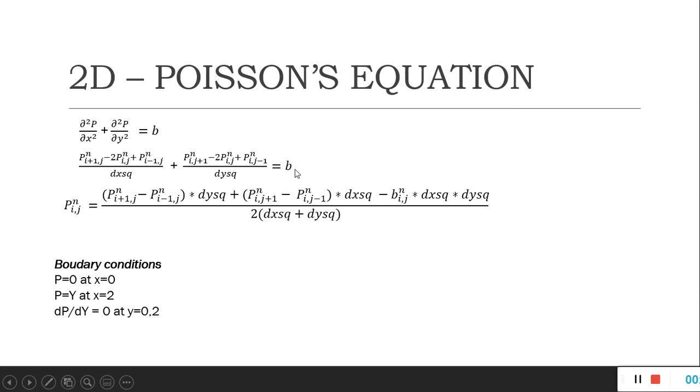We know that there's always a denominator, which is 2 times dx squared plus dy squared, and the term which is taking the I values has to be multiplied by dy squared, and the terms which take the j direction have to be multiplied by dx squared, and the source term has to be multiplied by the product of dx squared and dy squared, because it's on the right hand side.